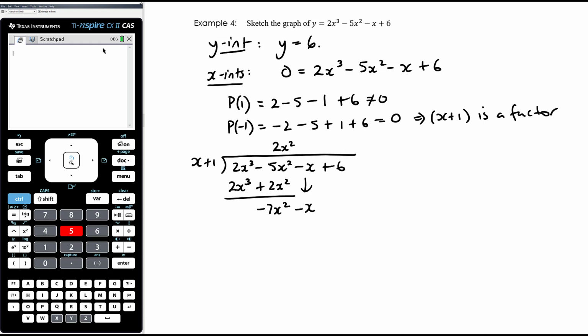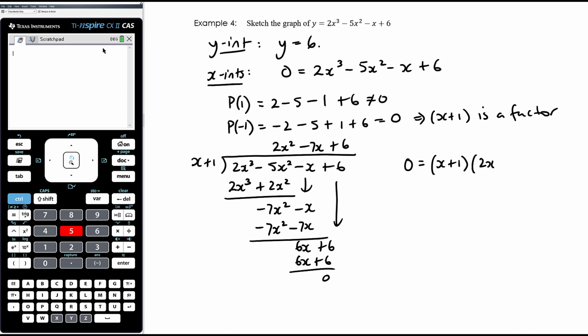What do we need to multiply x by to get negative 7x squared? So that'll be negative 7x, multiplying it by x plus 1, and subtracting. Negative 1 minus minus 7 is negative 1 plus 7, so that's 6. And then bringing down our final term, what do we need to multiply x by to get 6x? That'll be 6. And so 6x plus 6 is 0. Okay, so our equation is now 0 equals x plus 1 times 2x squared minus 7x plus 6.